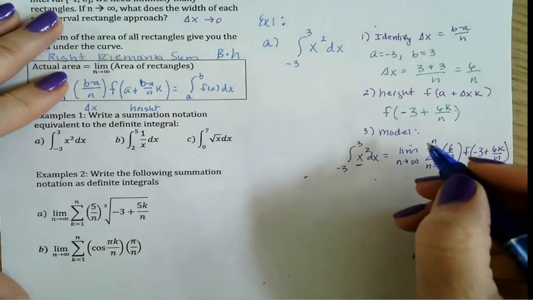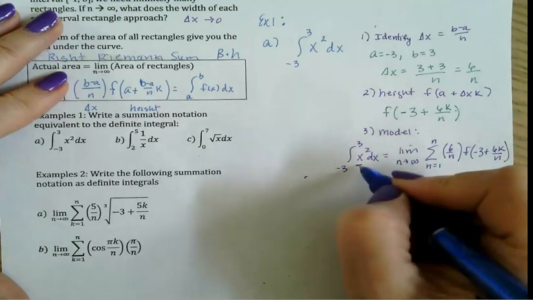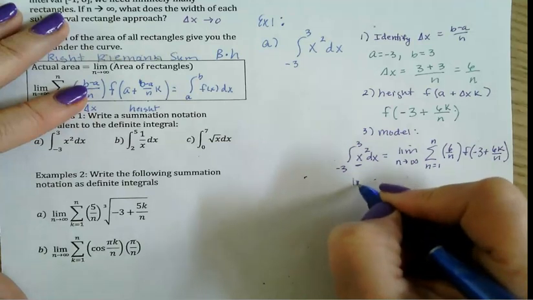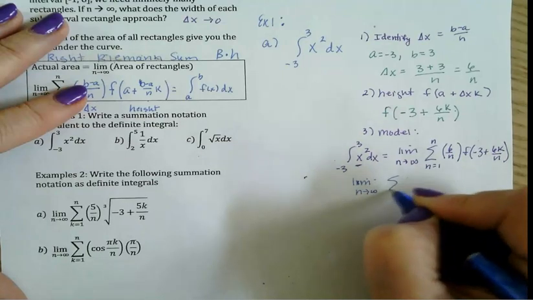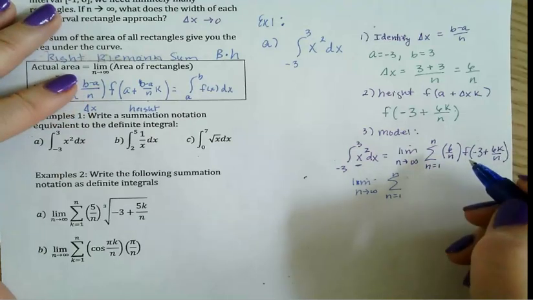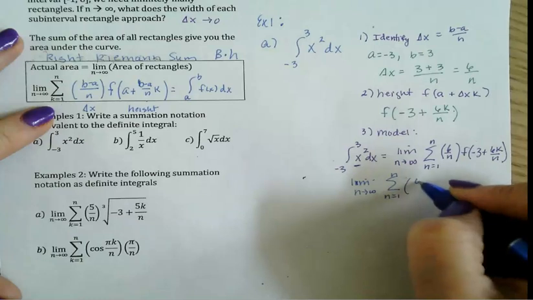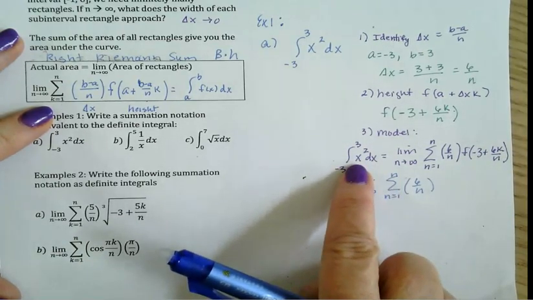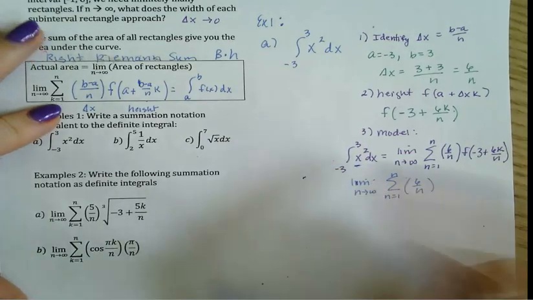So I have, on this problem, notice that it is x squared, right? So let's write our notation: the limit as n approaches infinity of the summation k equals 1 to n. And then in our problem, we have the width, which is 6 over n. But then we have to address this right here. Remember, this was delta x, so that's taken care of, but we have to address the x squared.